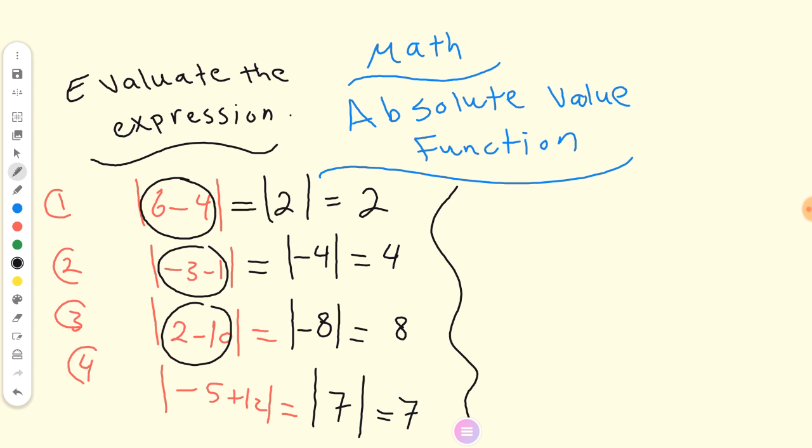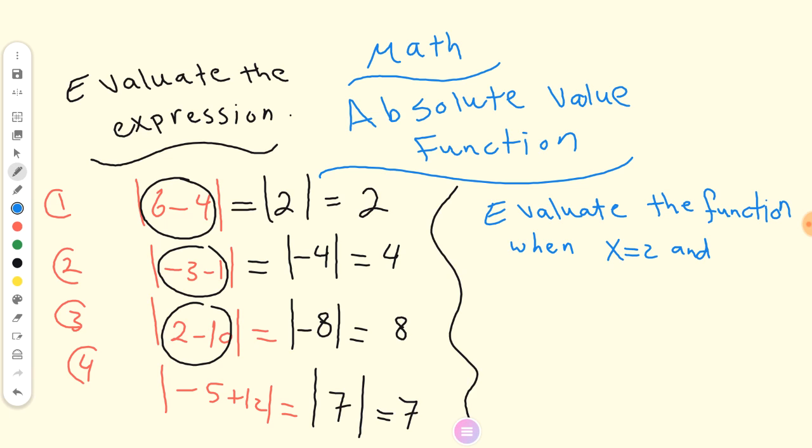Okay, if I have an absolute value function, how can I calculate it? Okay, all of you, attention please. Evaluate the function when x equals 2 and x equals negative 3.